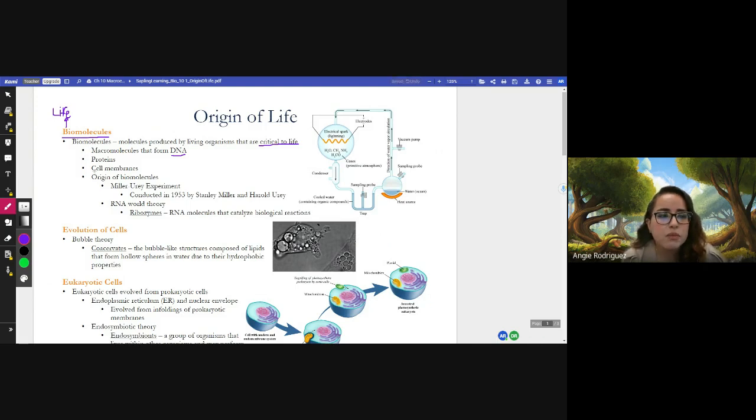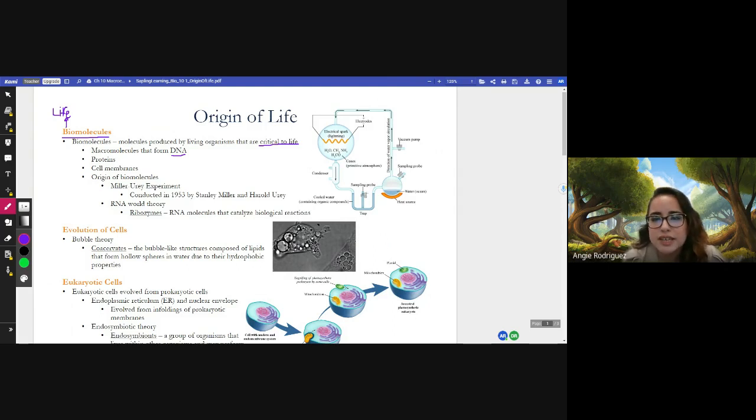They also help, for example, cell membranes, that's part of our cells. The origins of biomolecules, like I said, comes from the experiment Miller-Urey. This was conducted in 1953. So these are Stanley Miller and Harold Urey. Those are the names of the scientists that did that experiment to recreate Earth's early atmosphere.